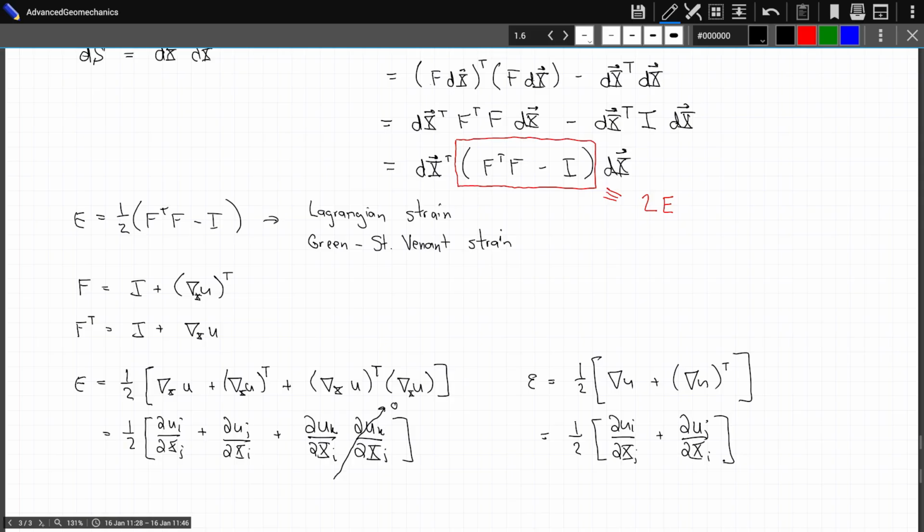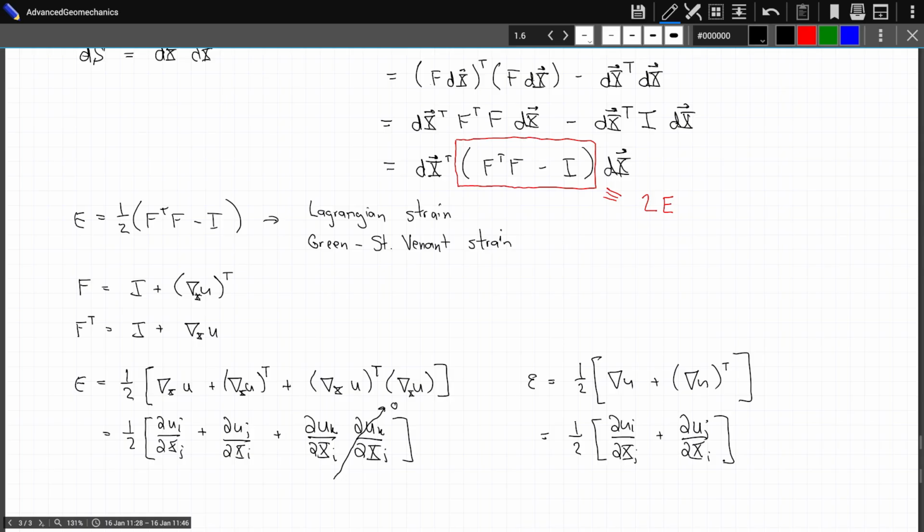And the reason it has the 1/2 out front, as we'll see in the next class, is because there's a geometric interpretation. You can just draw a cube and look at how it deforms, and you'll see that there's a 1/2 out front due to the geometric interpretation for small strain.